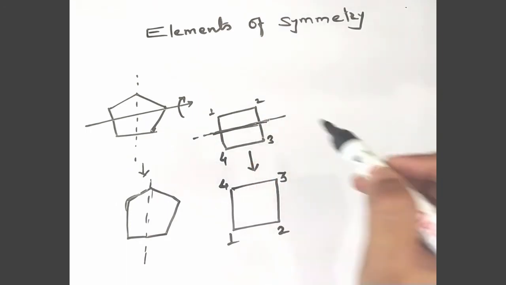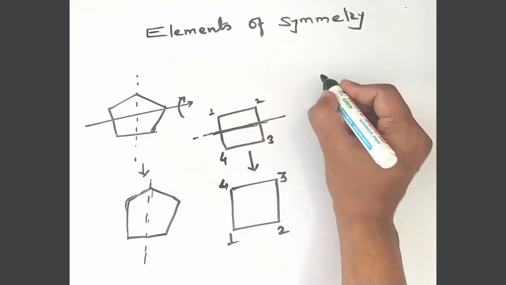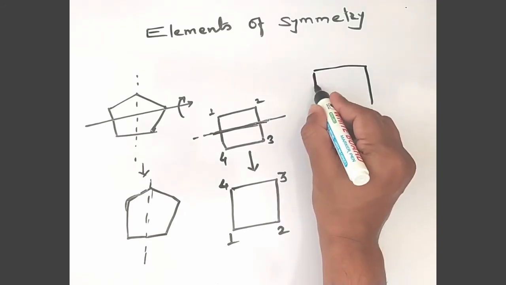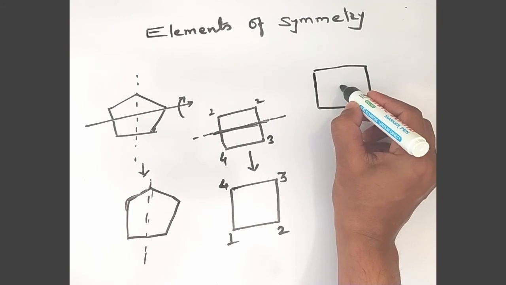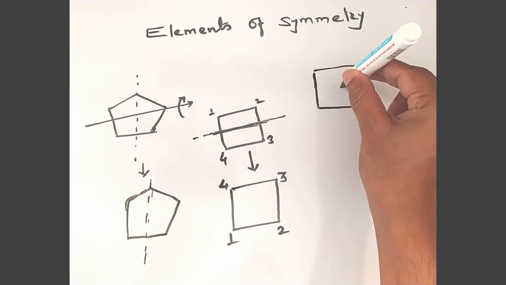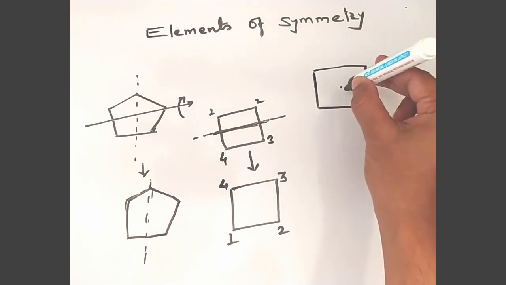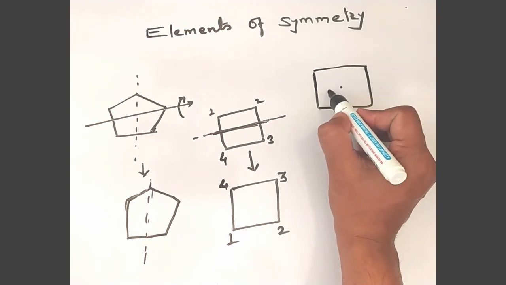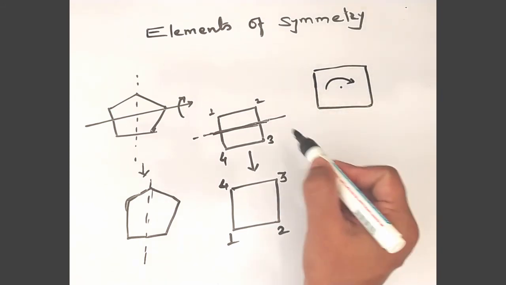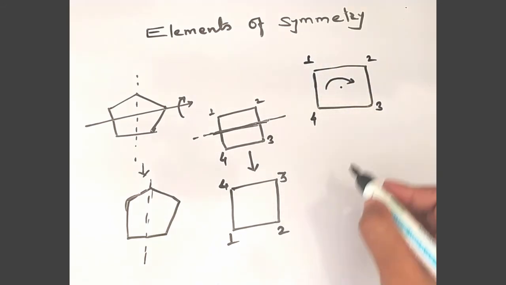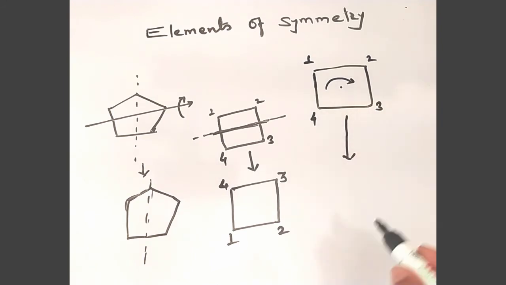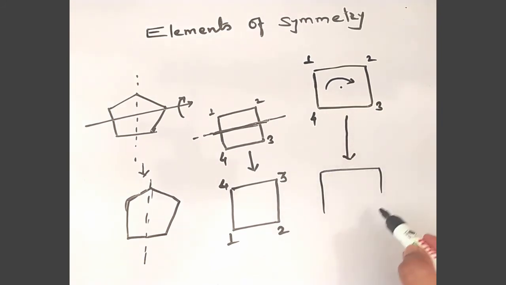Now rotational. I will show how rotation works in this square. Again I am drawing a square. Here, if I use this point at the middle of the square, and if I hold my pen, or if I hold the square from above, and rotate clockwise, again I will number 1, 2, 3 and 4, and if I rotate by how many degrees?